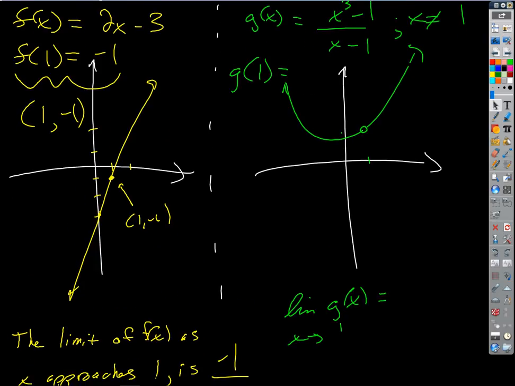Isn't the easiest way, and this sounds simple, but you've got to really wrap your brain around this, to answer the question, where does the ant think he's going to step? Isn't the easiest way to answer that just to find out where he actually does step? Because he's going to step exactly where he thinks he's going to step.